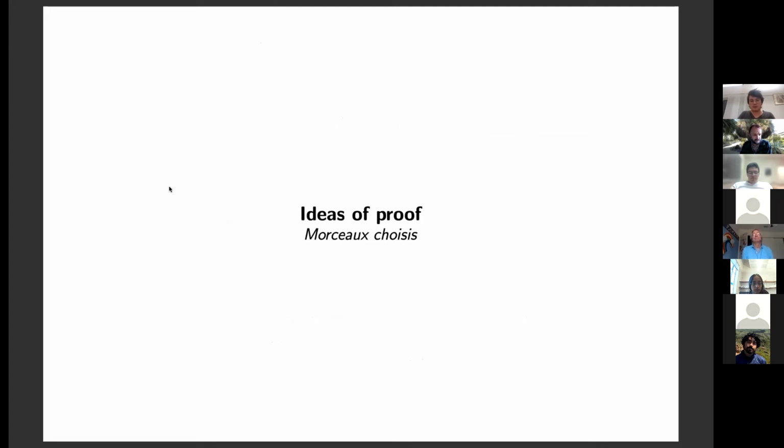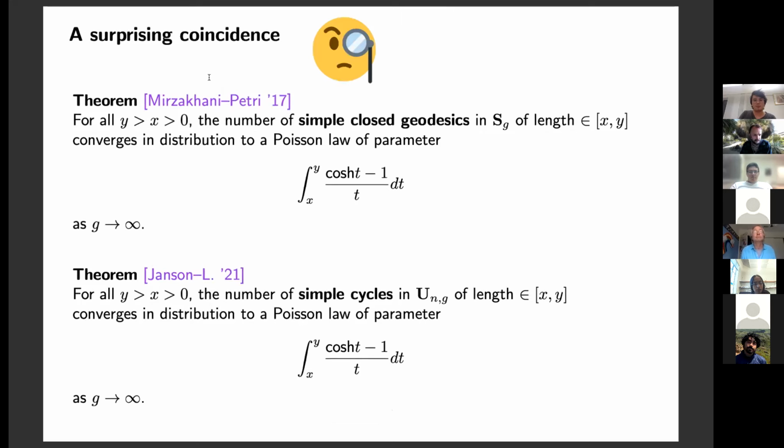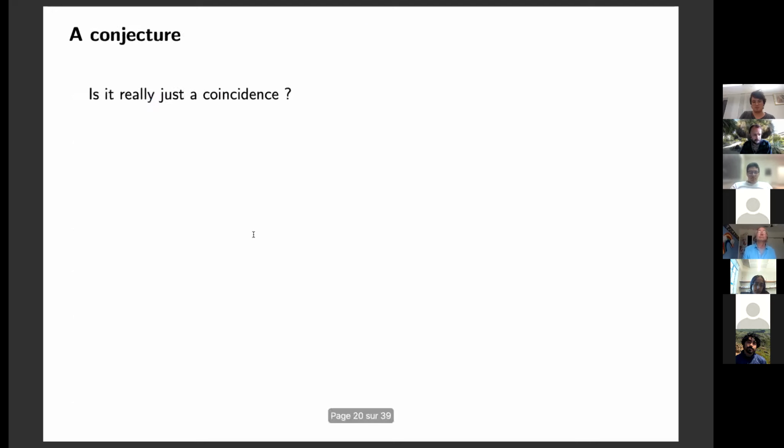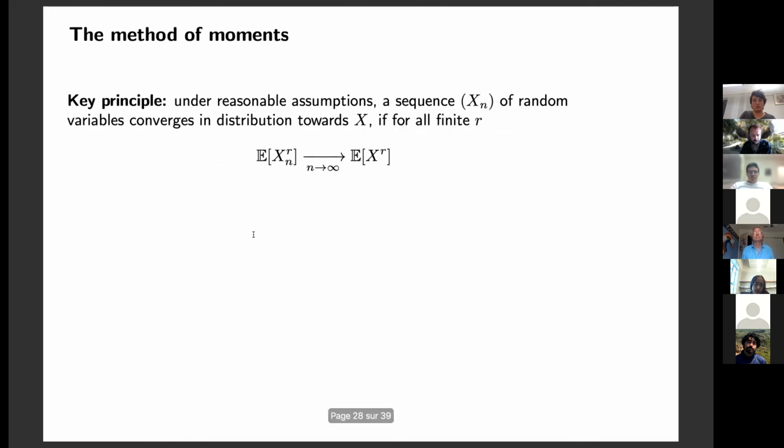As a reminder of the result, we want to count simple closed curves on surfaces, and we want to establish that this is a Poisson law with this parameter. And how do you prove this?